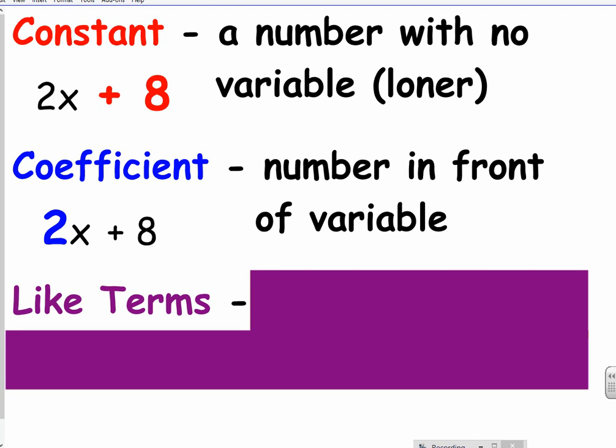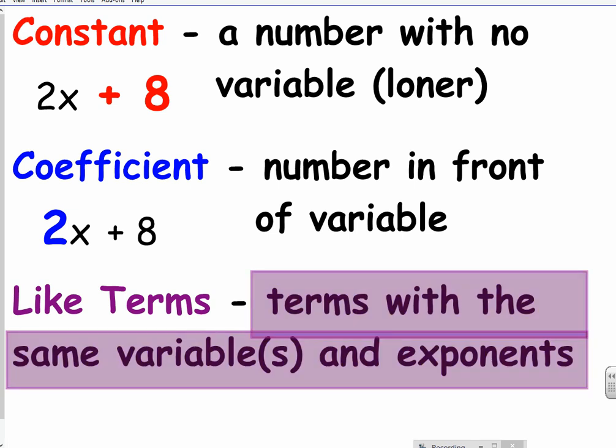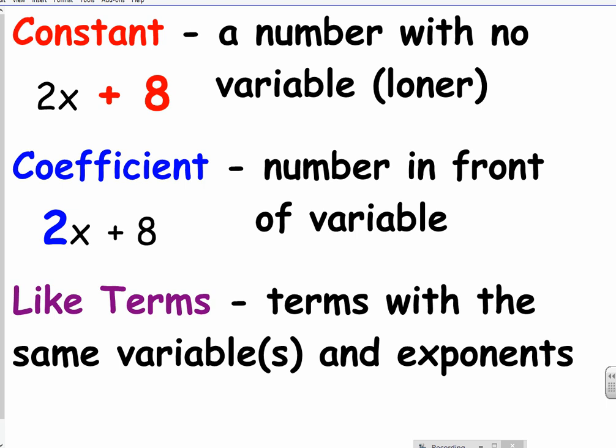Lastly, we have like terms. If you remember all the way back from the beginning of the year, like terms are terms with the same variable and exponents. So for example, 2x and 5x are like terms because they both have an x to the power of 1.